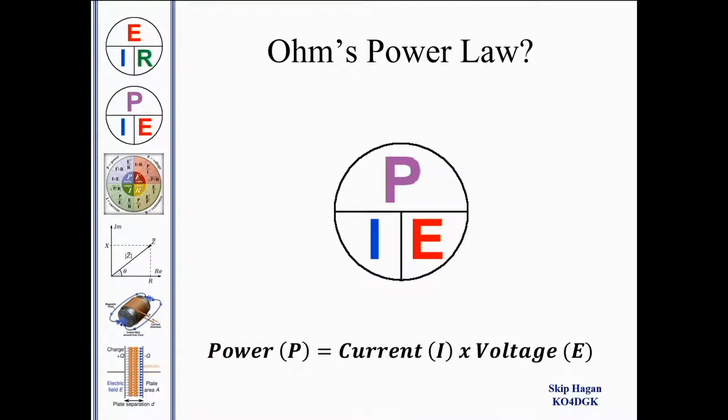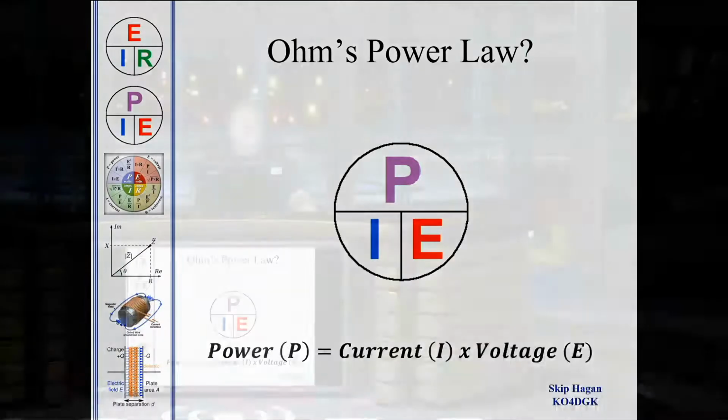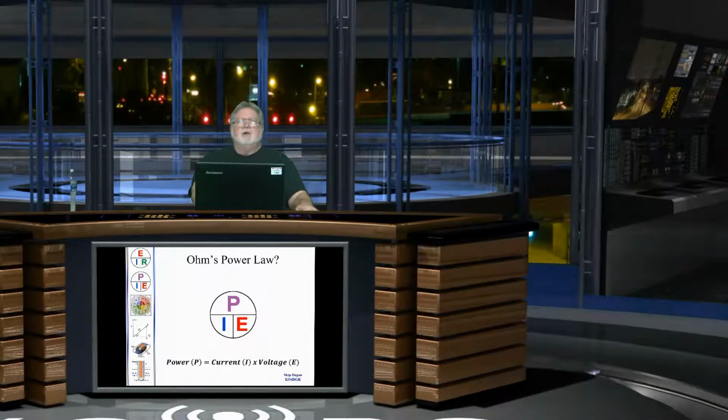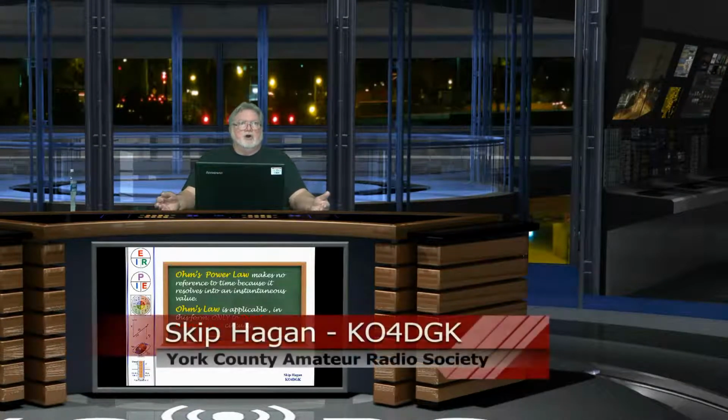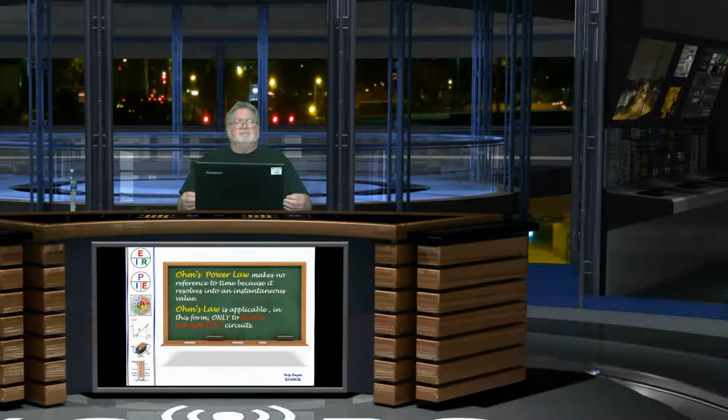Now, Ohm's power law is of course derived from the previous equation, and power is equal to current times voltage. Now, this is fine when we're talking about direct current or an instantaneous value on an alternating current cycle. Ohm's power law makes no reference to frequency.